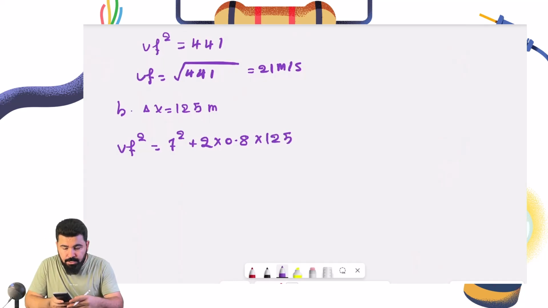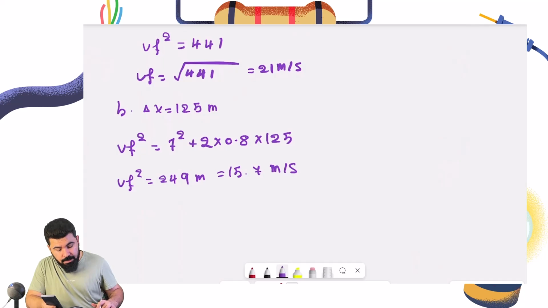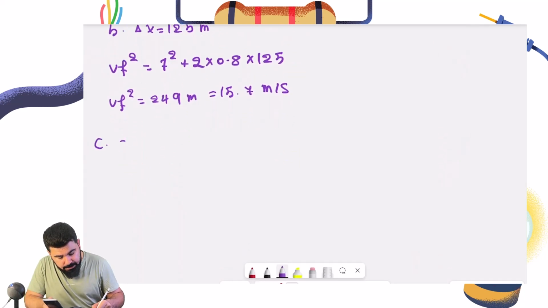Okay, so 49 again plus 2 times 0.8 times 125. Okay, we have 249. So take the square root of 249. We have 15.7 meters per second.